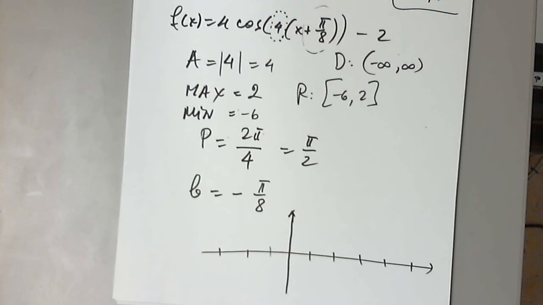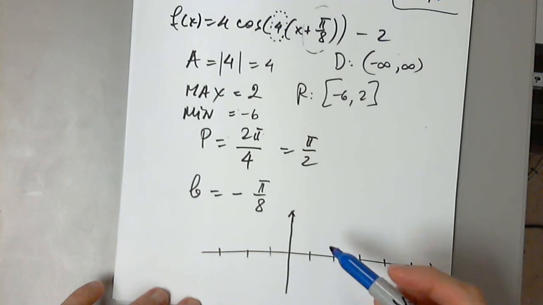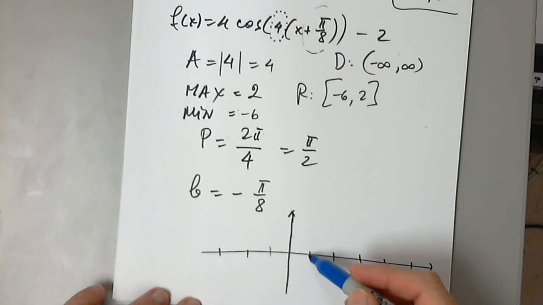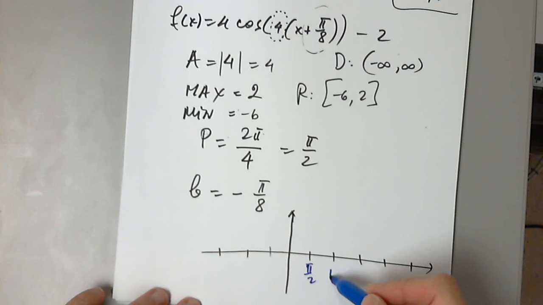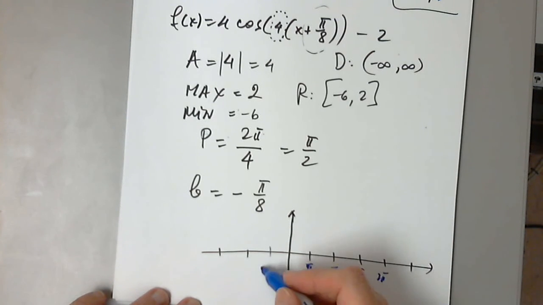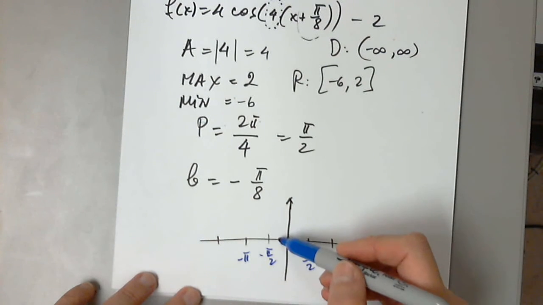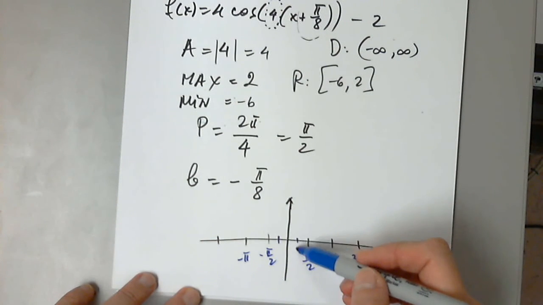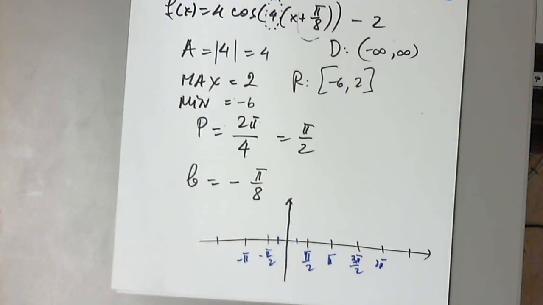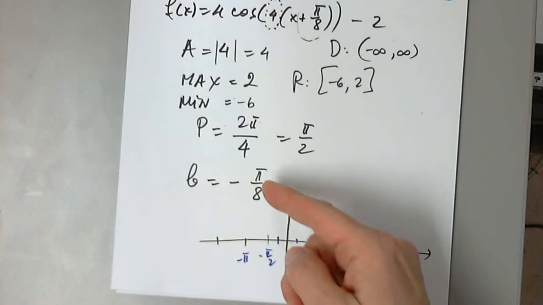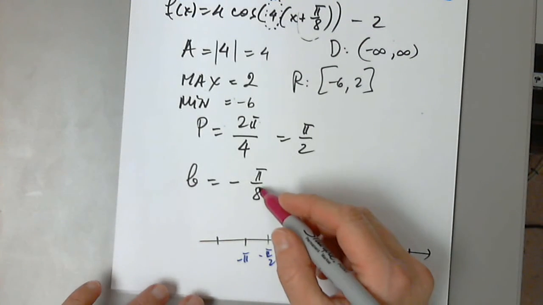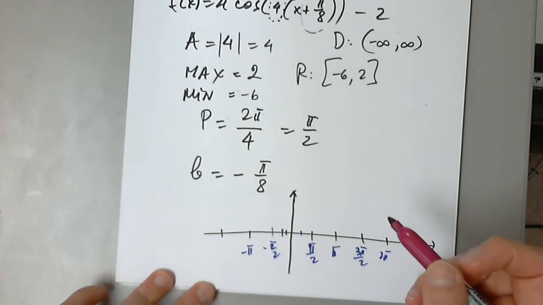So the period is pi/2. So pi/2, pi, 3 pi/2, 2 pi, -pi/2, -pi. This will be half, but I have to, this is 45, -45, but I have to start at -pi/8, which is half of this.